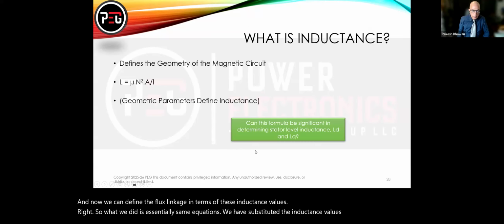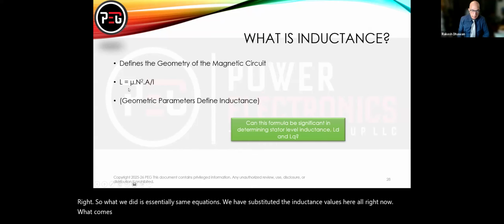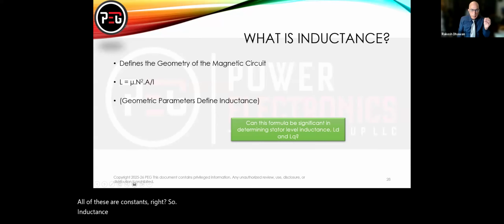All right. Now, in a simple circuit, the inductance comes out to this formula, mu N squared A by L. All of these are constants, right? So inductance becomes a geometric measure of a magnetic circuit. Now, you can have saturation, yes, and you can have permeability changing.